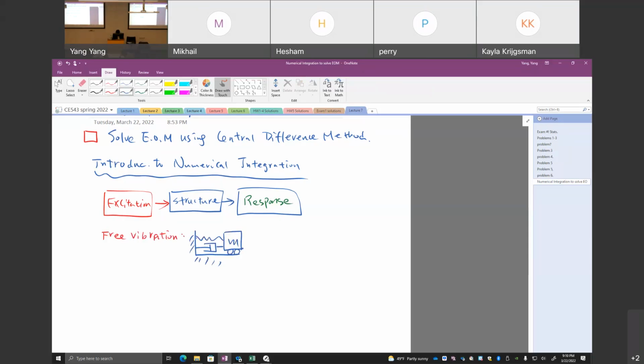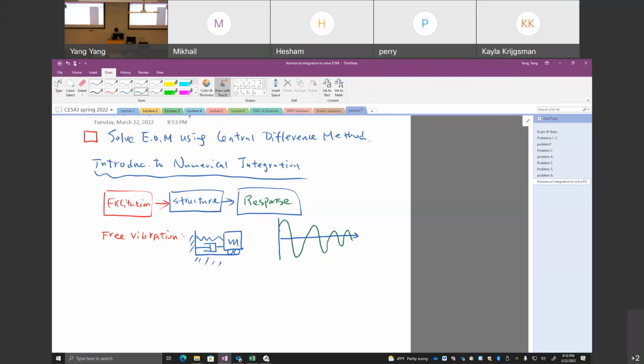This is a free vibration, so it's a decaying sine or cosine wave. That's easy, right?